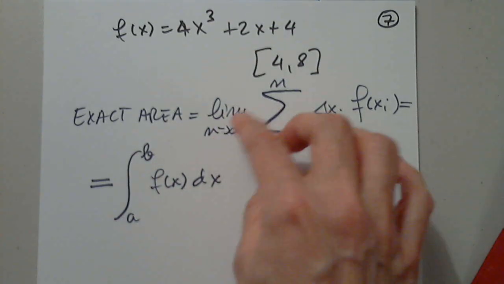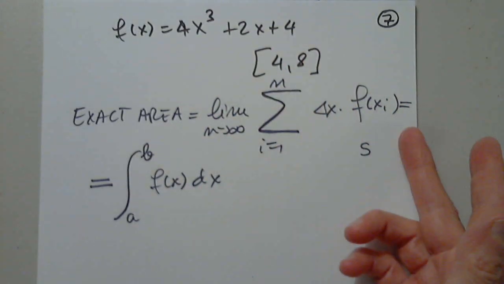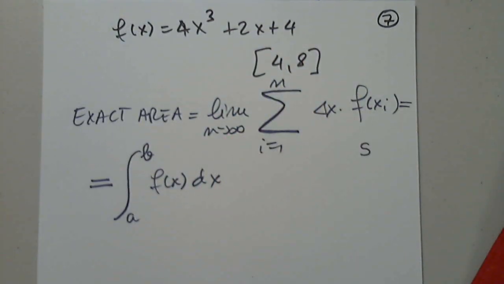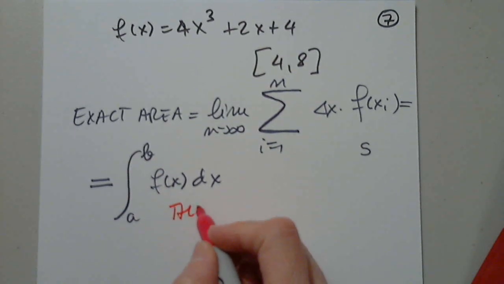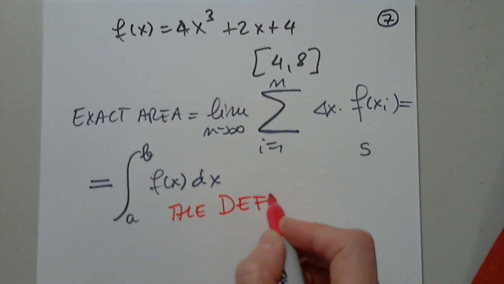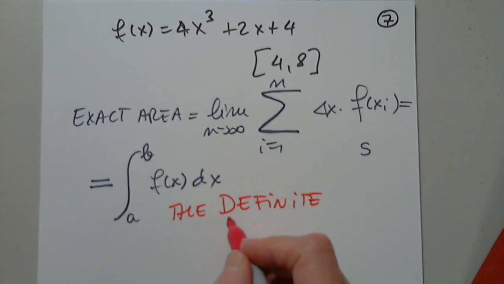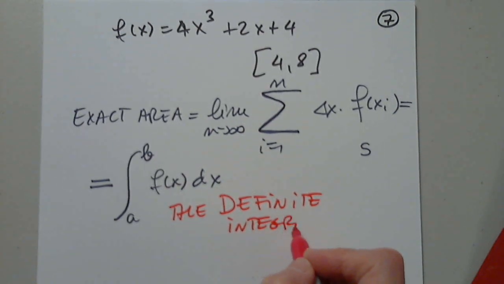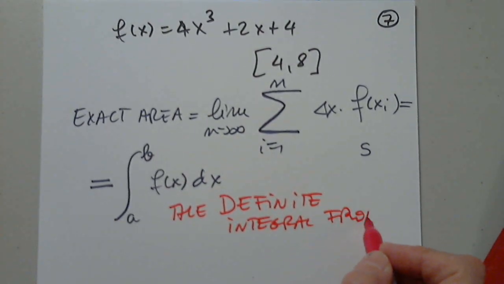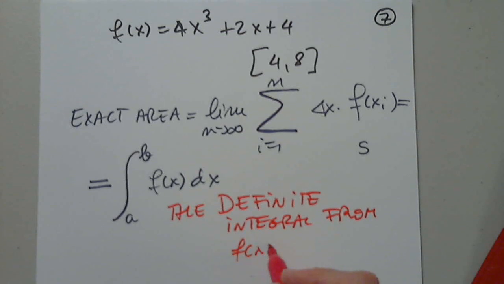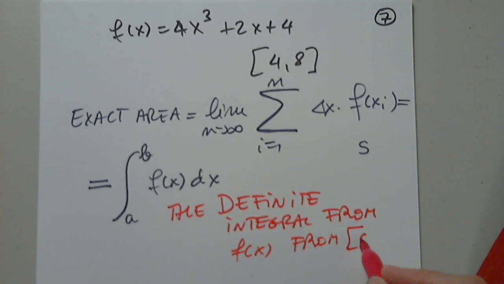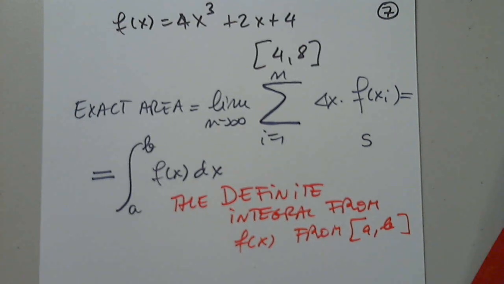So saying the limit of the summation, or the limit of the Riemann sum, or the definite integral of f of x from A to B, we mean the same thing.